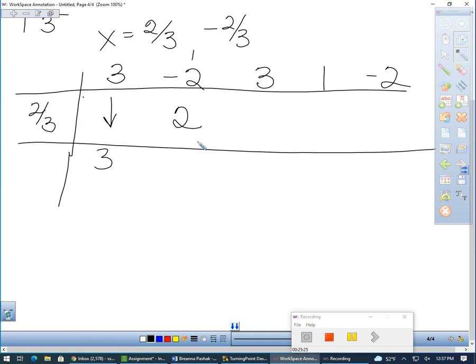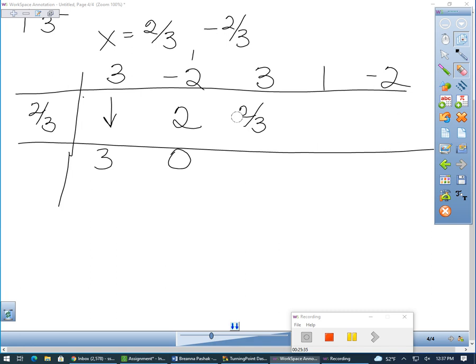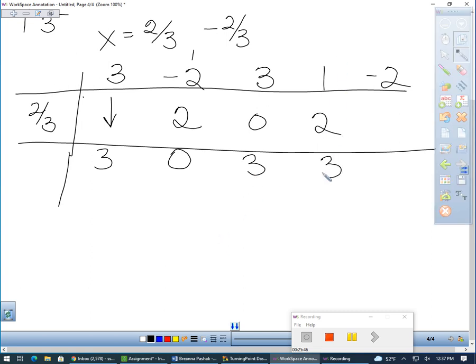Add them together, we get 0. 2/3 times 0 is 0. Add those together, I get 3. 2/3 times 3 is 2. Add those together, I get 3. 2/3 times 3 is 2, and no remainder.